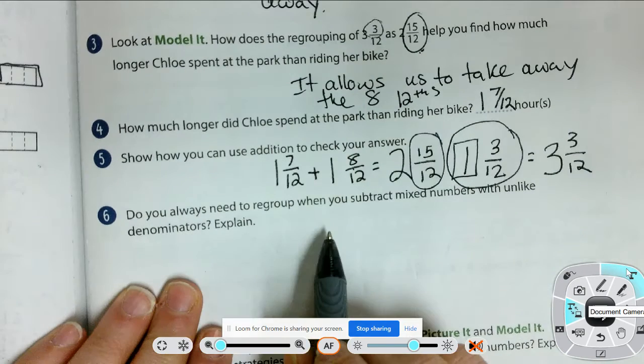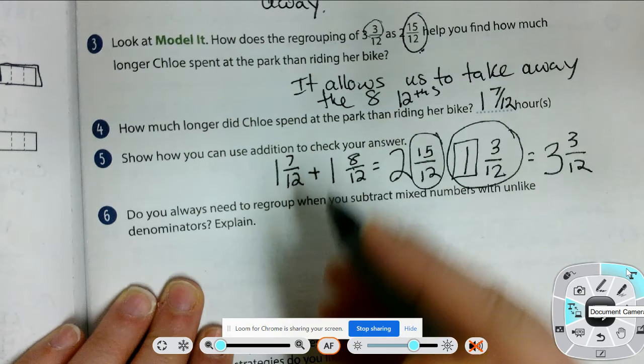Do you always need to regroup when you subtract mixed numbers with unlike denominators?